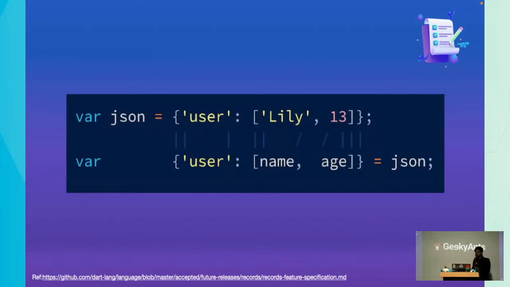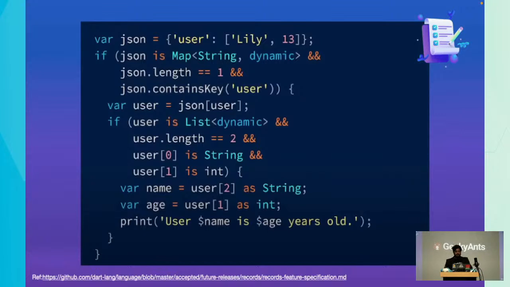It says that I will have a map, which will have a key, and inside the key I will have a variable, inside an array, which will hold the value of name and age. This is the variable that you created. Then you assign that variable to this pattern, and then what will happen?